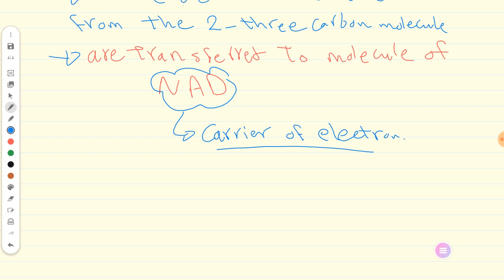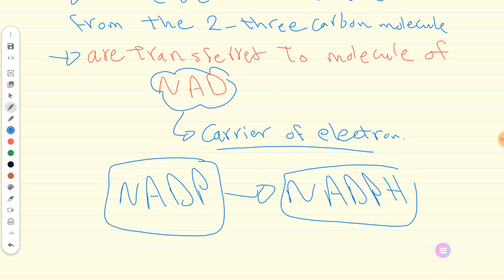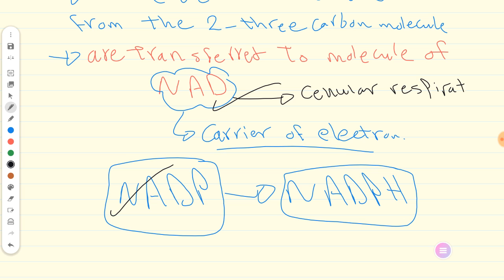In the first quarter, when we studied the photosynthesis process, we said that NADP carries the hydrogen and changes into NADPH. So it is similar. NADP and NAD are carriers of electrons, but this one is during cellular respiration, and that one during the photosynthesis process.